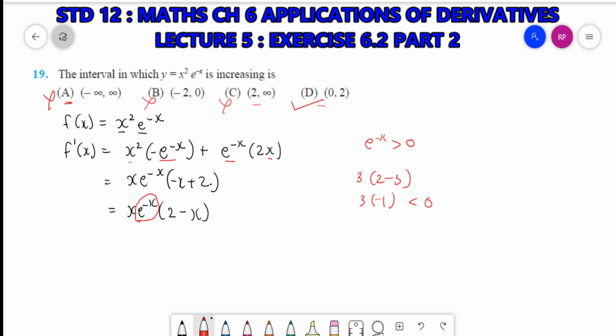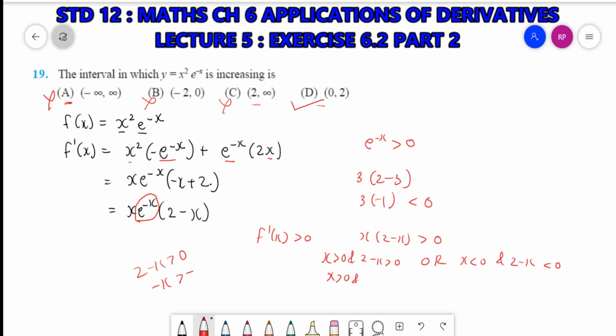Okay. You can also solve in this way: as it is increasing, f dash x must be greater than 0. That means x into 2 minus x must be greater than 0. That means x and 2 minus x both are greater than 0, or x is less than 0 and 2 minus x is less than 0. In the first case, x is greater than 0, and 2 minus x greater than 0 means minus x greater than minus 2, that means x less than 2.